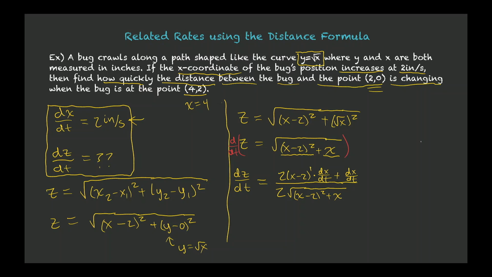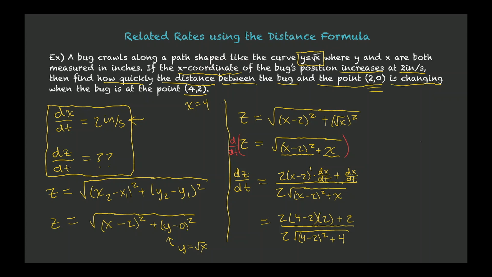So dz/dt is equal to 2 times (x - 2), which is 4 minus 2, times dx/dt, which is 2, plus dx/dt, which is again 2, and that's all over 2 times the square root of (x - 2)^2, so that'll become (4 - 2)^2, and then plus another x, so plus another 4 under our square root.